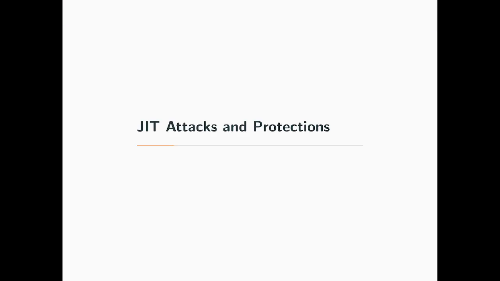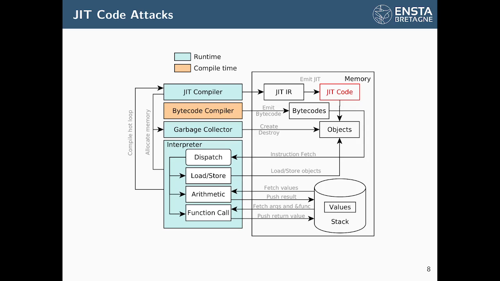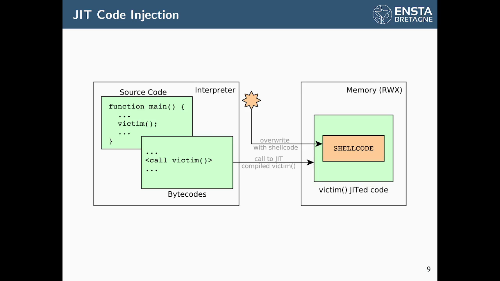So I'll present some of the JIT attacks and protections that can be found in the literature. The first ones will try to attack the JIT code, so the location in memory where you would have your machine code stored. A basic idea of an attack can be: the source code contains a call to a function that I call victim. When it's compiled down to bytecodes, you would have a bytecode that, for example, says call victim.